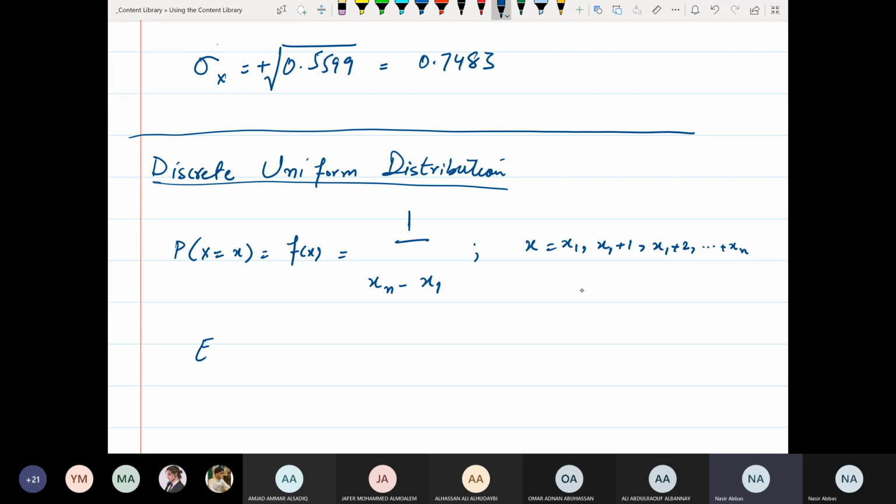The mean of such a variable, which is denoted by mu of x, is simply (x1 plus xn) over 2. You don't have to go to the basic formula, summation x times p of x. Even if you go to that one, you'll get the same answer, but this is a shortcut formula.